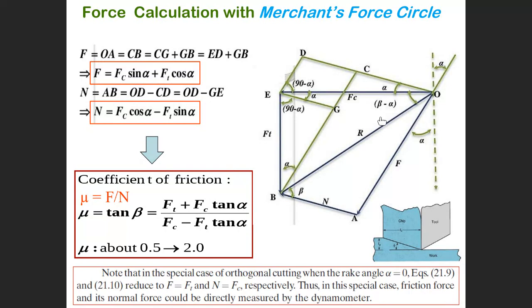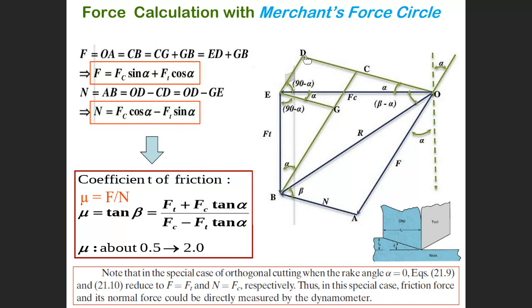Similarly for N, I would like to obtain N as a function of FC and FT. N equals OC, which equals OD minus DC. OD in this triangle equals FC cosine alpha.